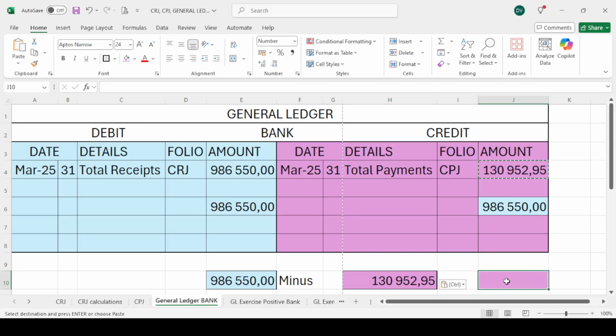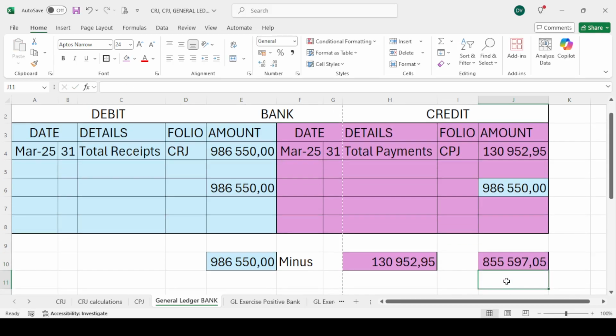And that will give us a total of 855,597.05. That is the amount that is missing. So we're going to copy it right here.